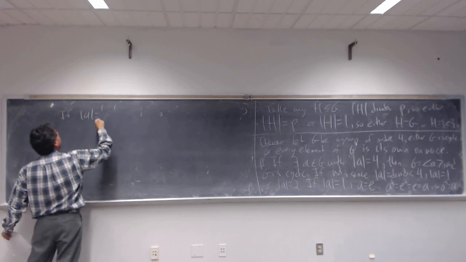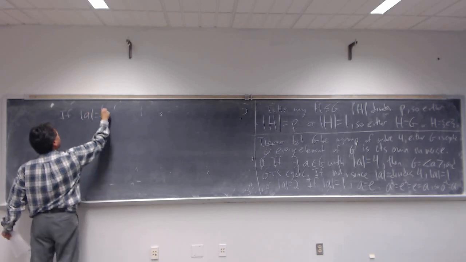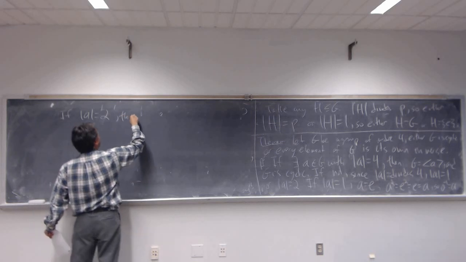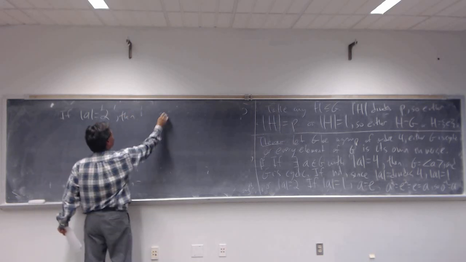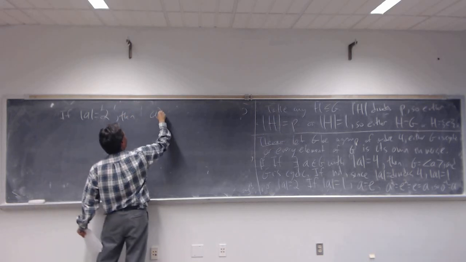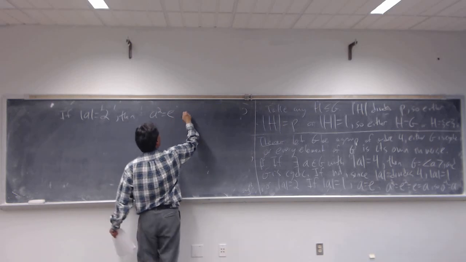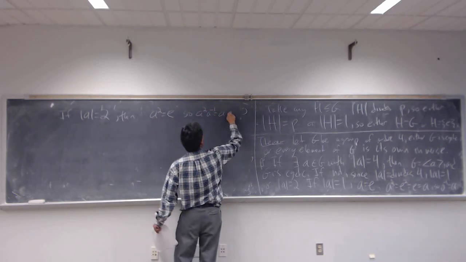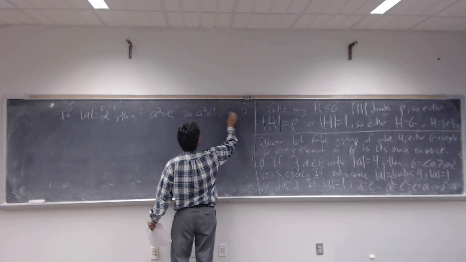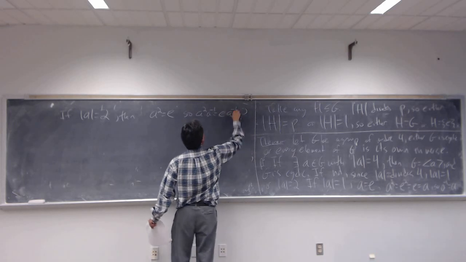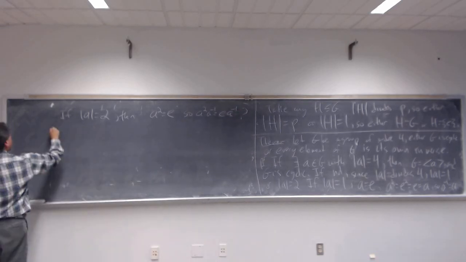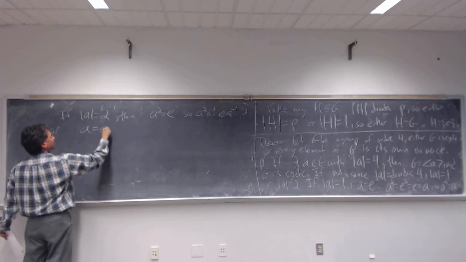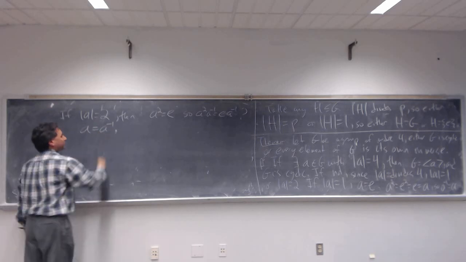If the order of A equals 2, then A squared is E, so A squared times A inverse equals E times A inverse, or just A would equal A inverse.